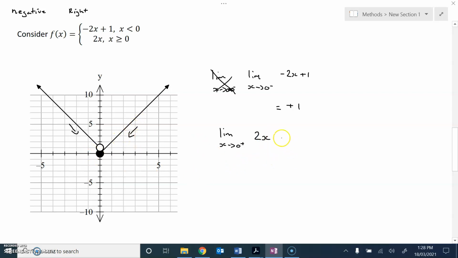And you'll notice that I'm approaching 0. So the limit as I approach 0 from the negative side is not equal to the limit as I approach 0 from the positive side. And so what's that telling me? This is not continuous at x equals 0.